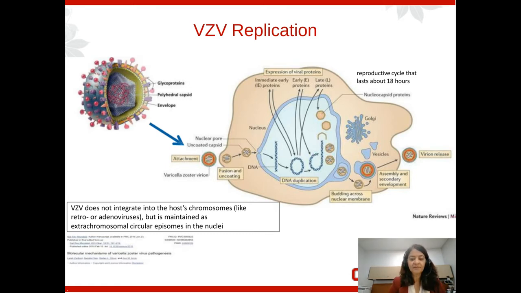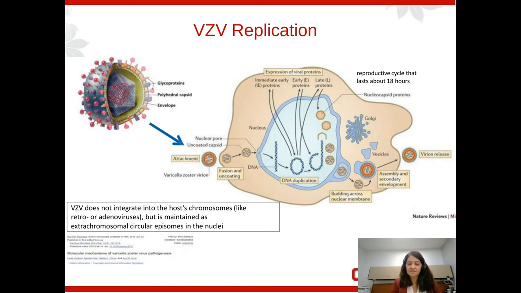So just talking a little bit about VZV replication. You can see here's a virus that is entering the cell, and it attaches to the cell. It gets internalized, and it fuses and uncoats, and then the DNA enters inside the nucleus, whereby it circularizes and then starts to replicate.